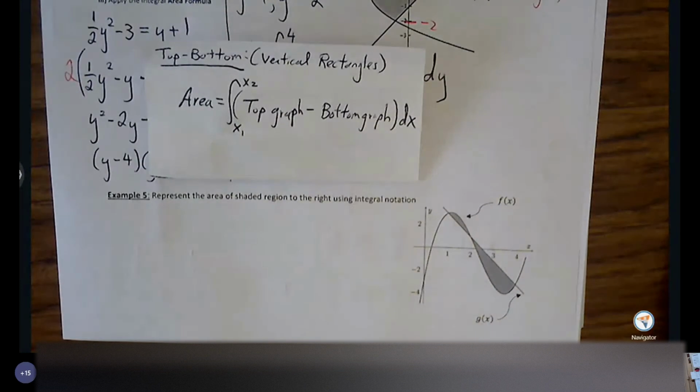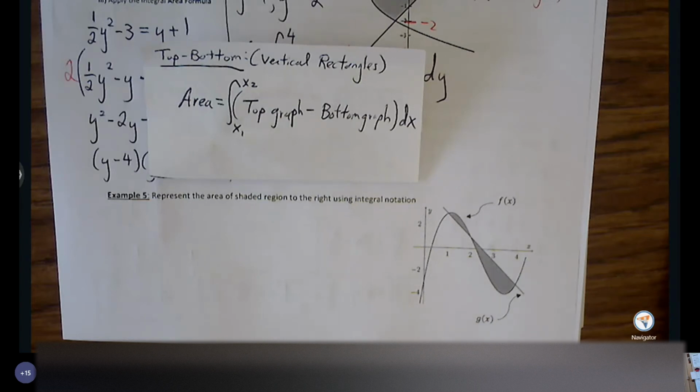Is it consistently the same? Like on the left, the top function is the x and the bottom is the linear. Yeah, the linear.